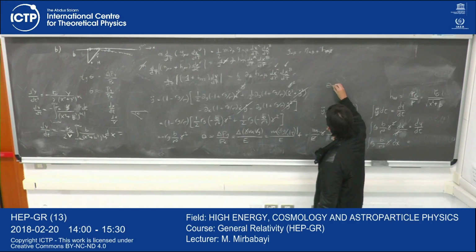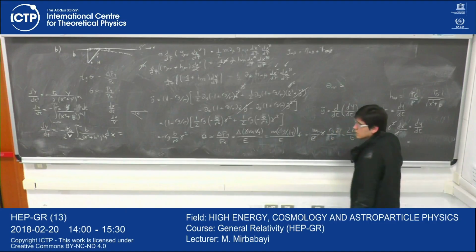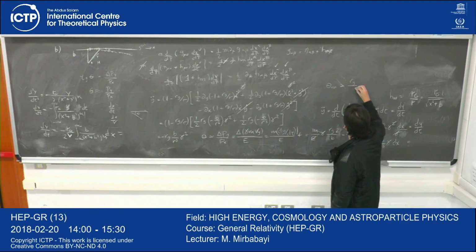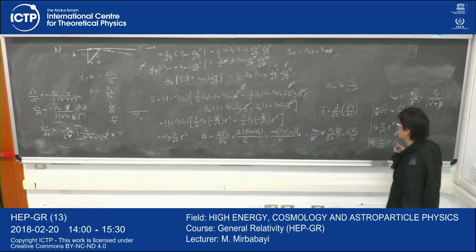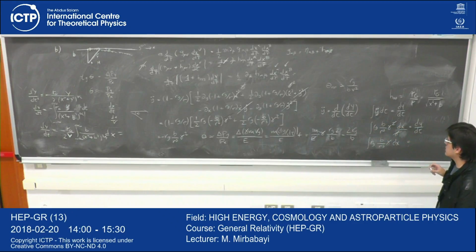So this is R_G over B V squared. If we set v to 1 in the non-relativistic result, we get 1/2 of the actual answer. Yes.